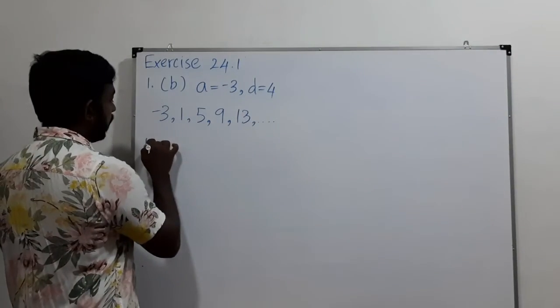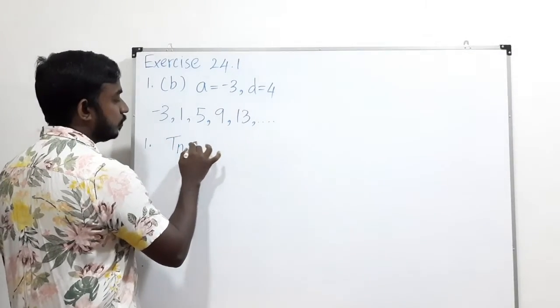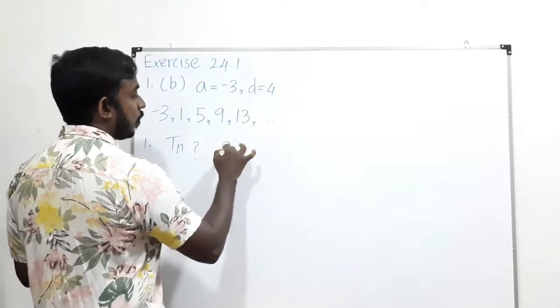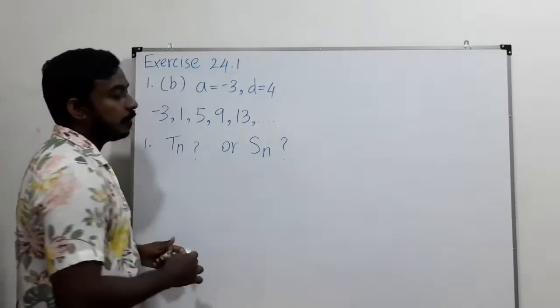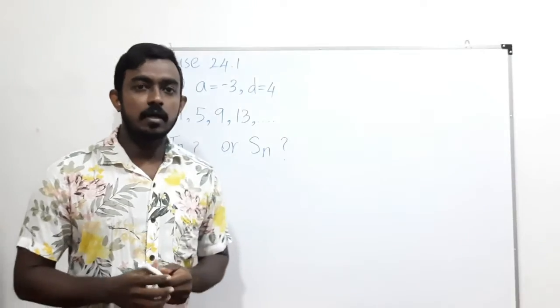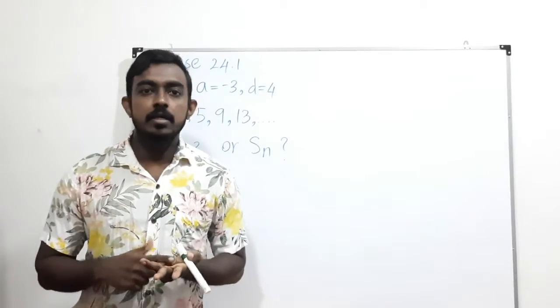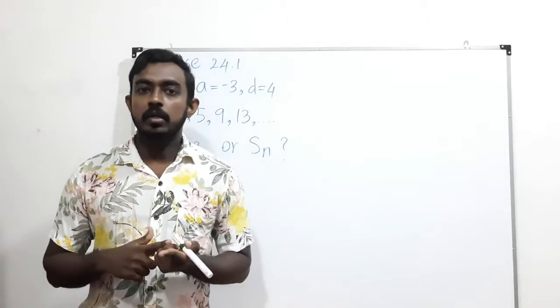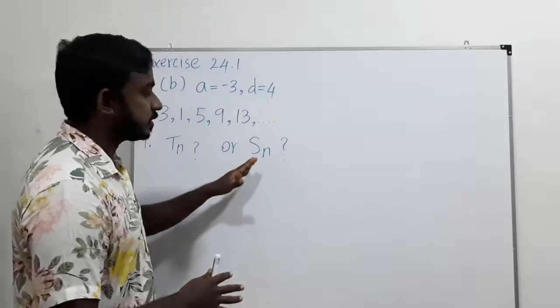First thing that you have to do is decide whether you are going to use Tn or Sn. How to decide that: if they have mentioned summation, sum, total, all, or those kinds of terms, then you have to use Sn.